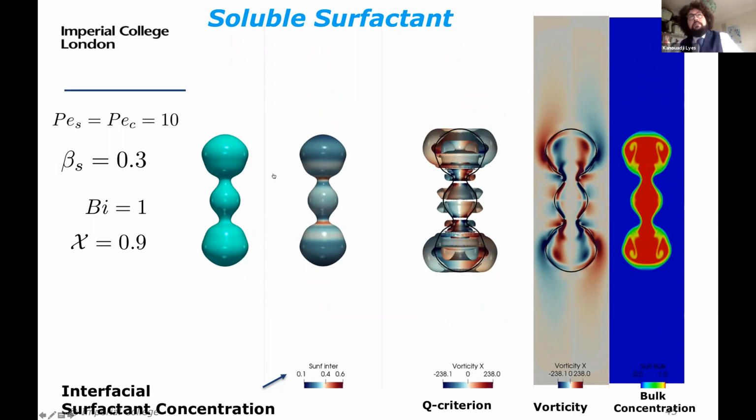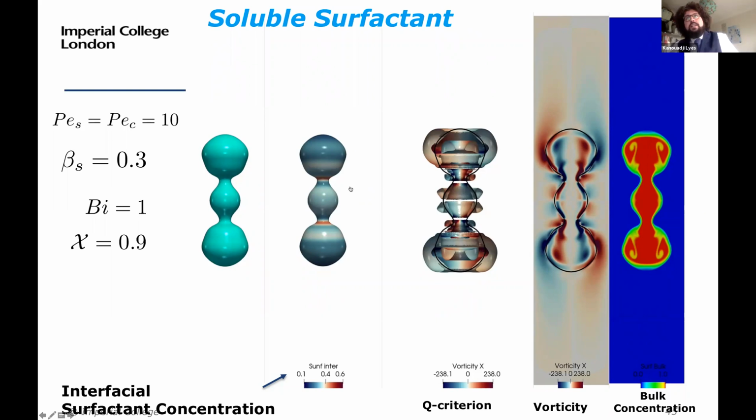But here, it's not the pinch-off, it will escape from the pinch-off because you have a high concentration of surfactant in the neck. Then you have a Marangoni stress, and it will push the surfactant from the neck and far from it, and so it will reopen.